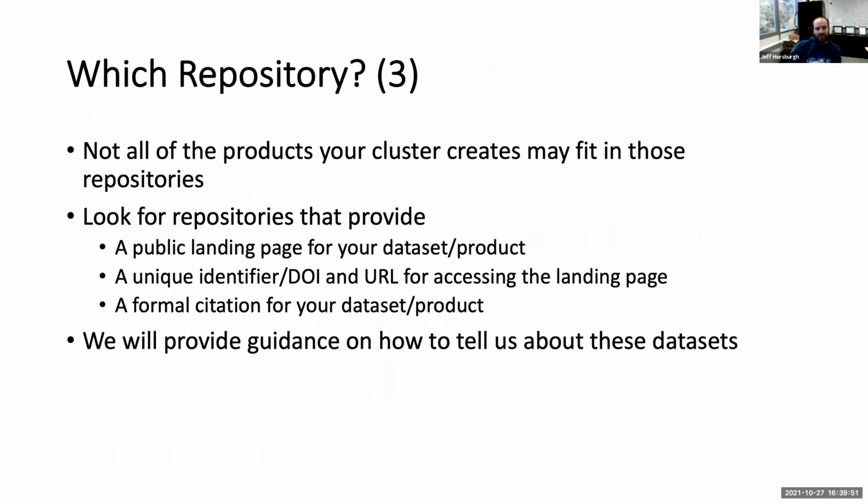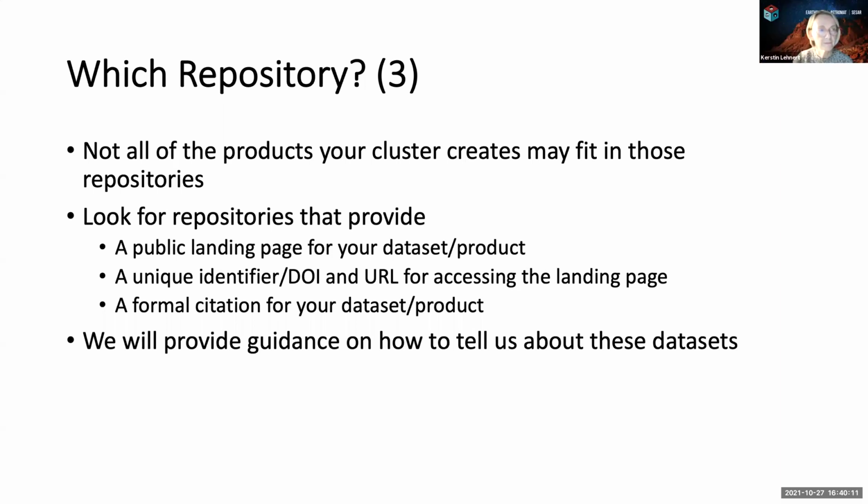Okay, so as I mentioned before, not all of your products may have a really great fit in these repositories. If you choose to submit something to a different repository, it'd be great to have a conversation about that. We're open to talking about it if you have questions.